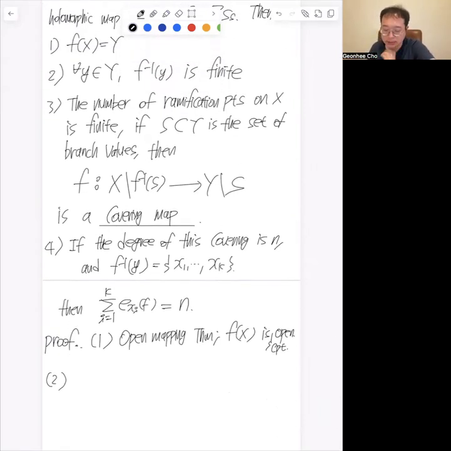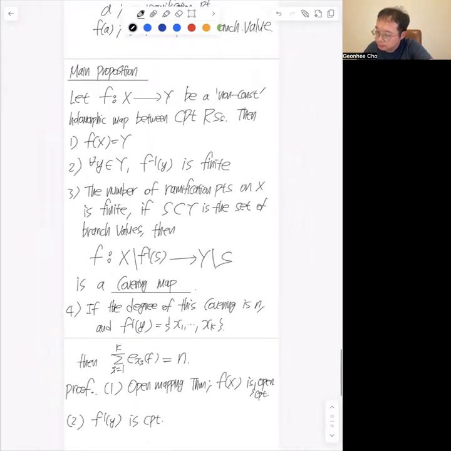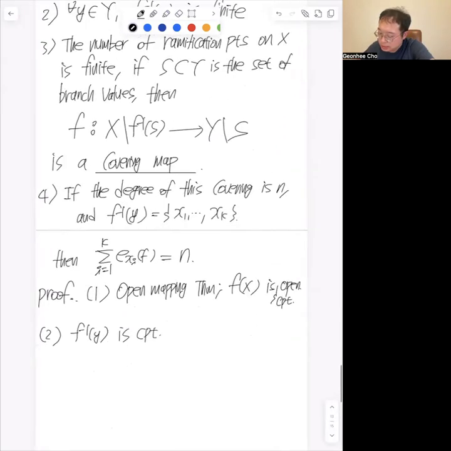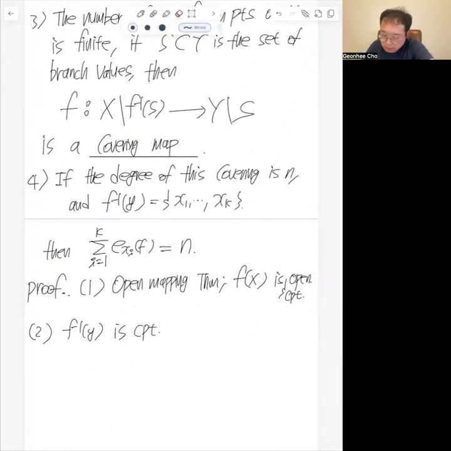There's a second statement. We know f inverse of y is compact. Why is this guaranteed? What we'd like to say is the following. At least the fiber is closed in X, which is compact, because f is a continuous function and a singleton set is a closed set.